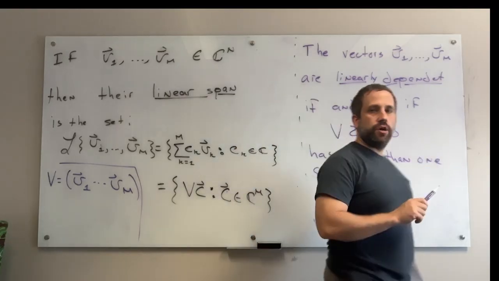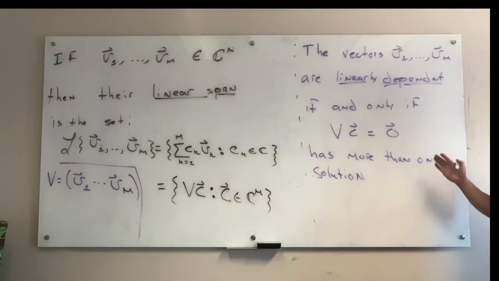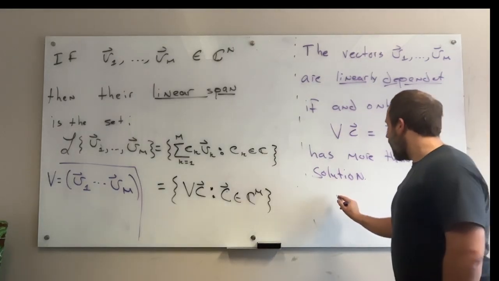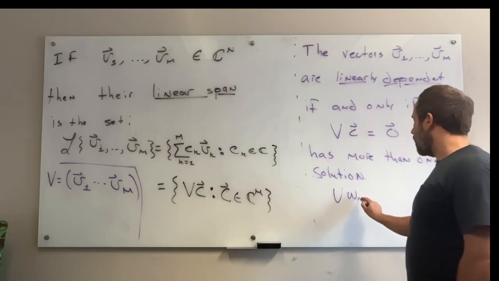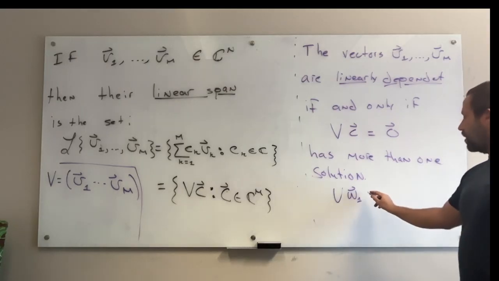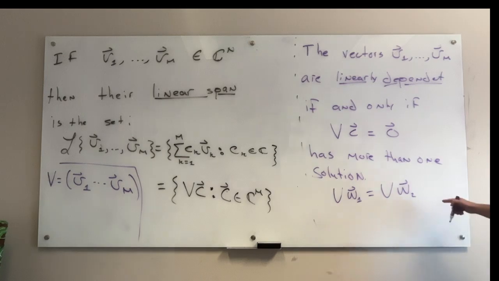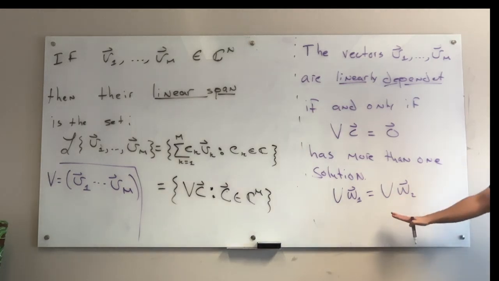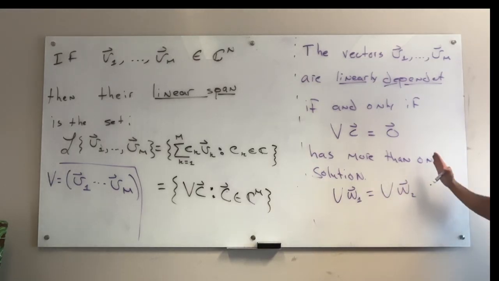That is just a consequence of what I had on the board before. So convince yourself of this fact. I'll just show you why this might be true. If I know that V times w1 is equal to V times w2, that would be like what I had before. I had V times the c1 through cm vector, and then V times the 0, c1 b1 plus c2 vector. They were equal to each other because they both equal that vector v.